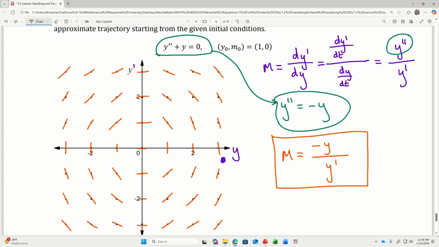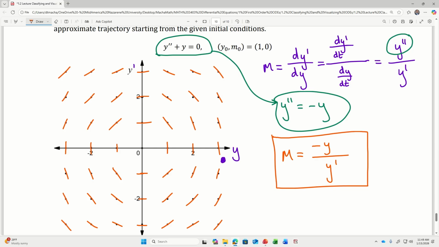And then where I have a 0 in the numerator and a 0 in the denominator, 0 divided by 0 is an indeterminate form. So that is the right way to make a direction field, or a phase portrait, I should say, for a second order autonomous ODE.